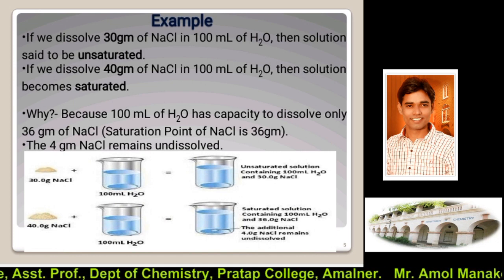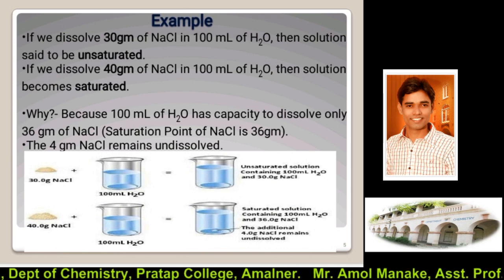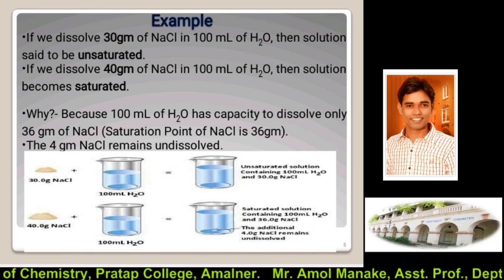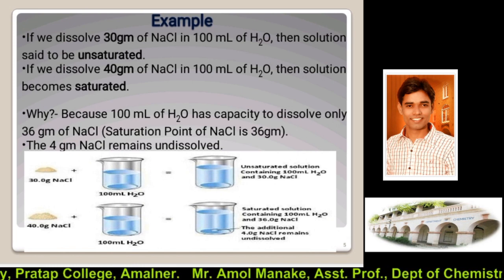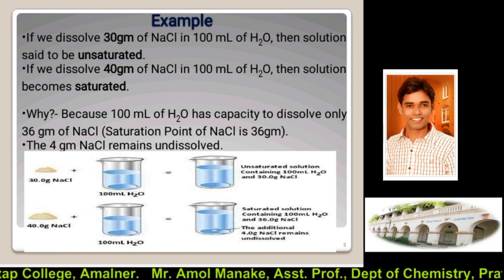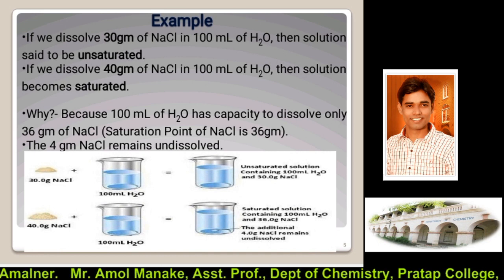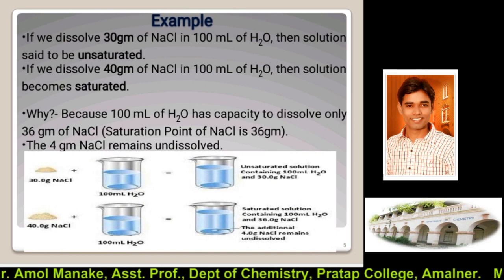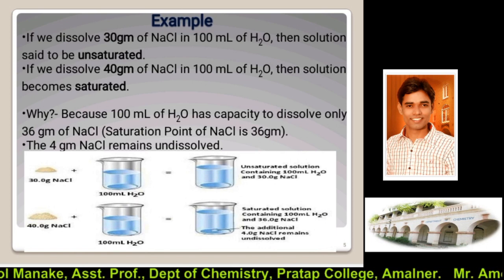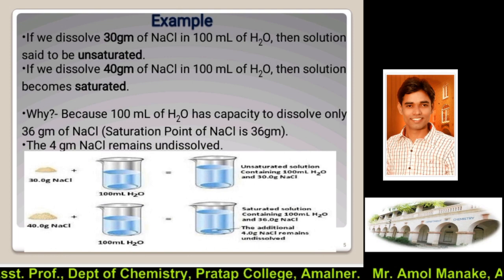In the figure we also see 40 gram NaCl plus 100 ml water equal to a saturated solution, which contains 100 ml of water and 36 gram of NaCl in dissolved form, but the additional 4 gram NaCl remains undissolved. Hope you will understand better from this figure.